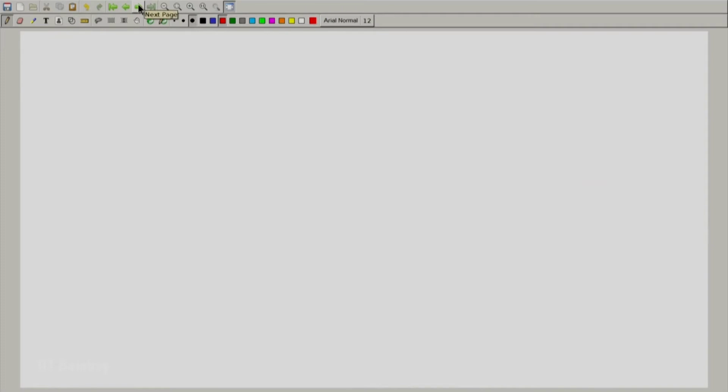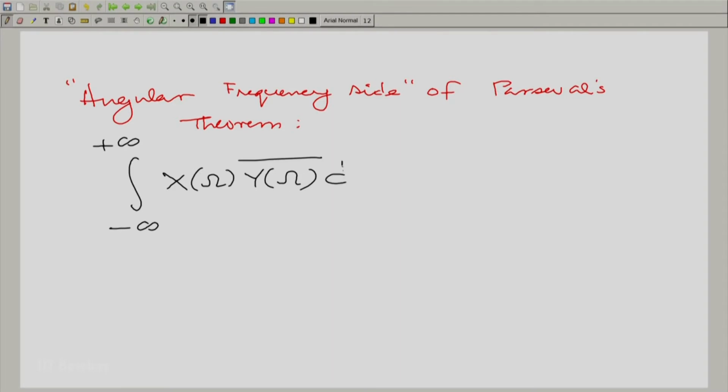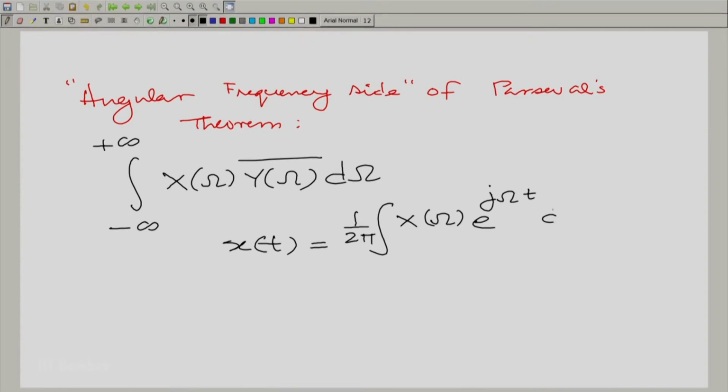So now if we look at Parseval's theorem, the frequency side, or if you like the angular frequency side, it essentially says integral from minus to plus infinity of capital X omega capital Y omega bar d omega, and we know from the inverse Fourier transform that x t is equal to the integral of capital X omega e raised to the power j omega t d omega, and so too y t.